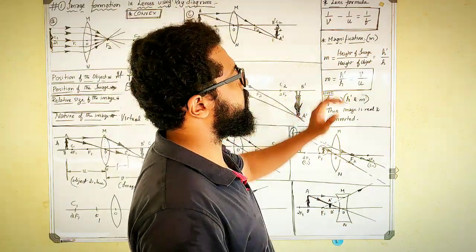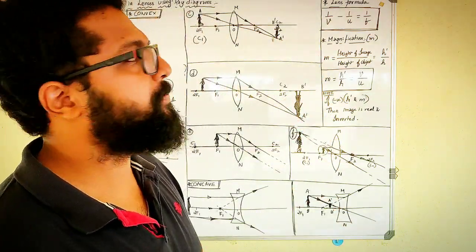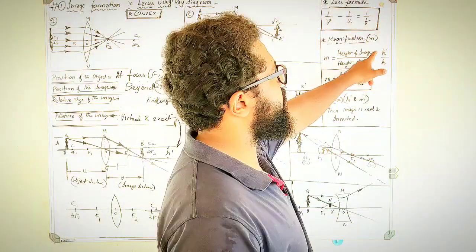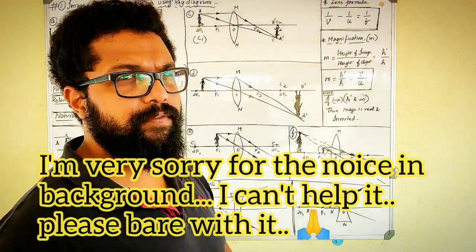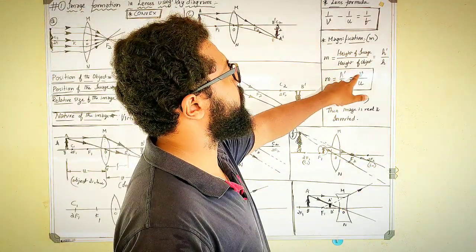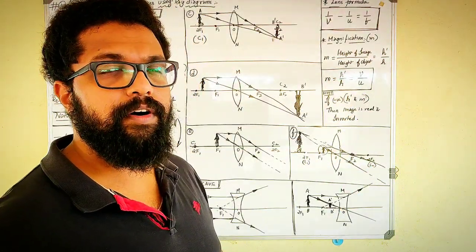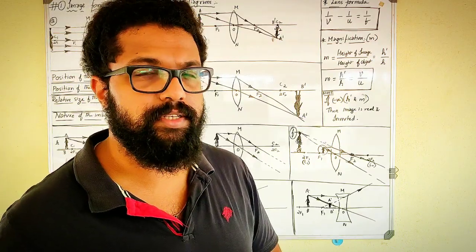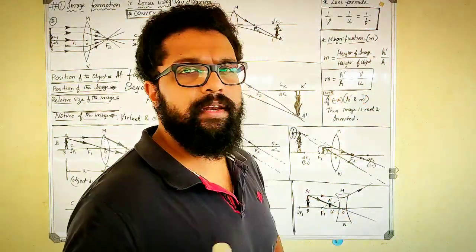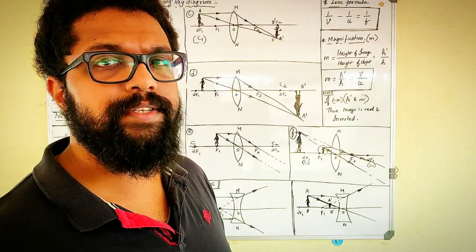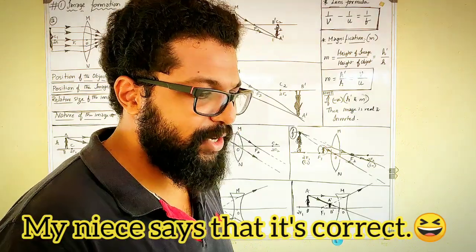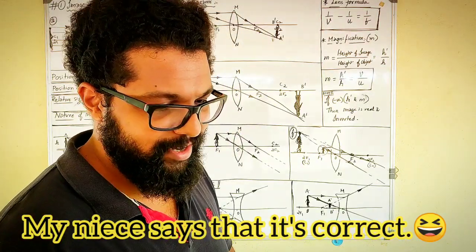Then one more is magnification, the same formula. Height of the image by height of the object, which is H dash by H, and it can also be written in terms of object distance and image distance, which you have studied in the mirror as well, which is V by U. In mirrors it was minus V by U, correct?